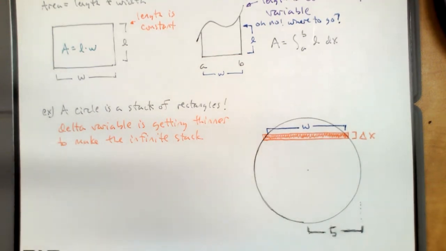The delta variable is the dimension that has to get infinitely thin to make our infinite stack.